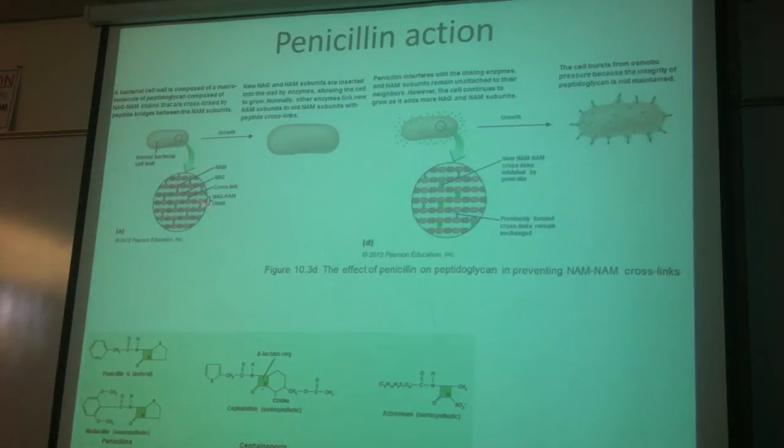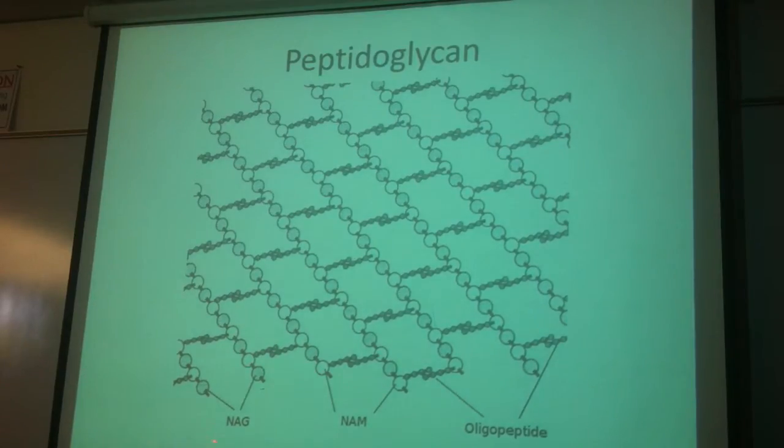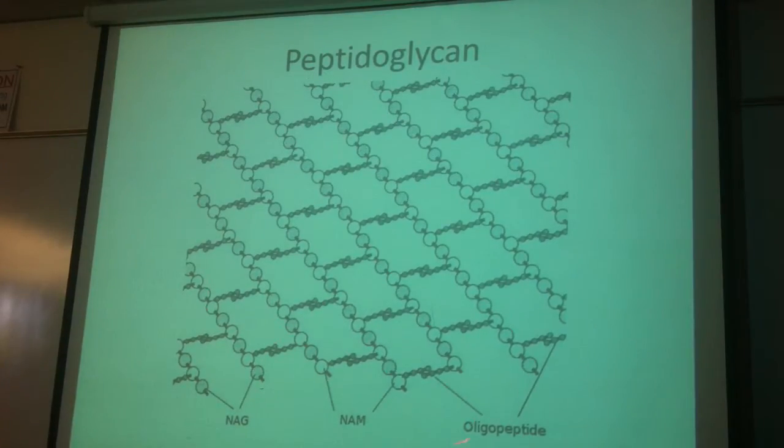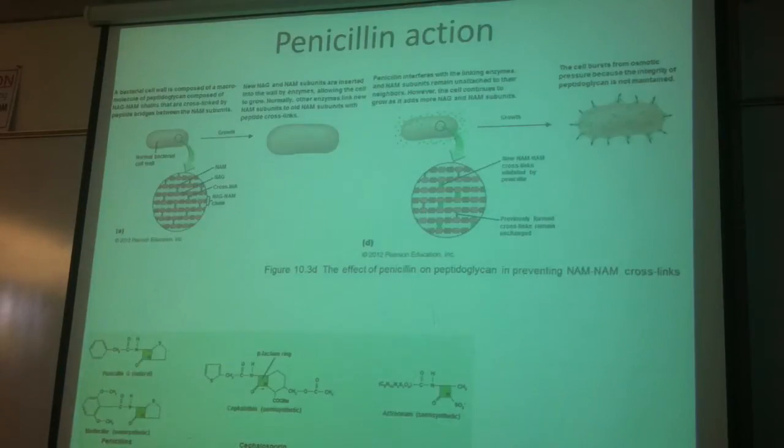So these are supposed to cross-link to each other to build a nice stable wall. And that's part of what a peptidoglycan is. You remember way back when we first were talking about this, the different subunits that make up the cell wall and your oligopeptides. Okay? So they're supposed to do this so you get a nice firm structure.